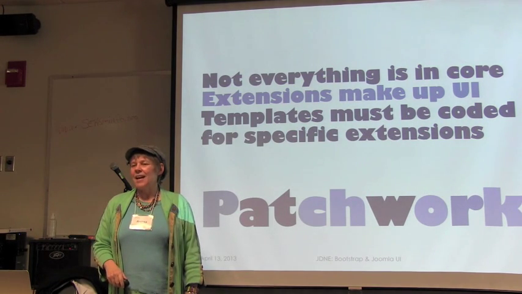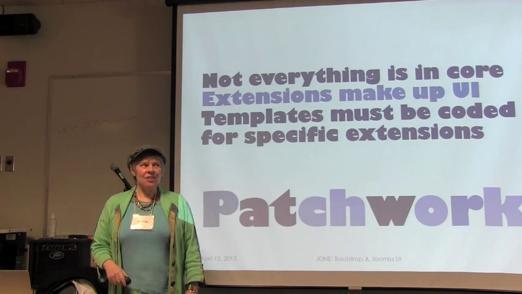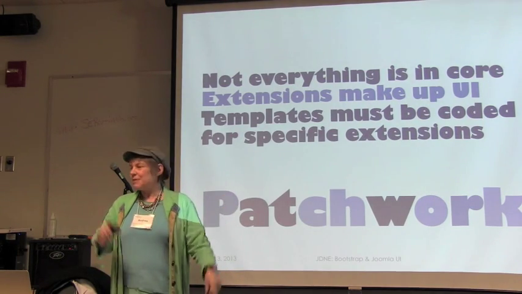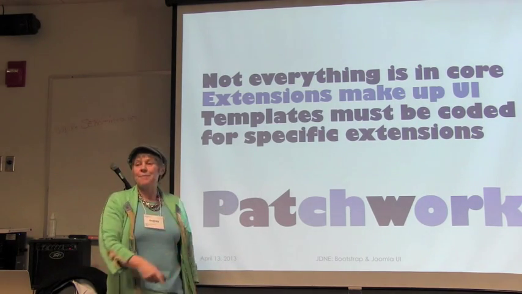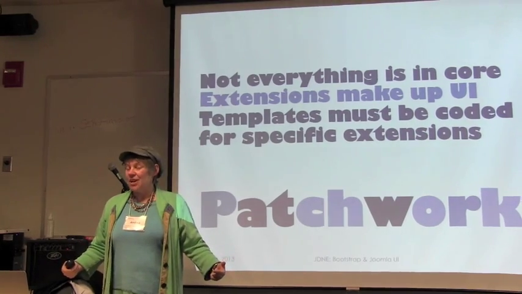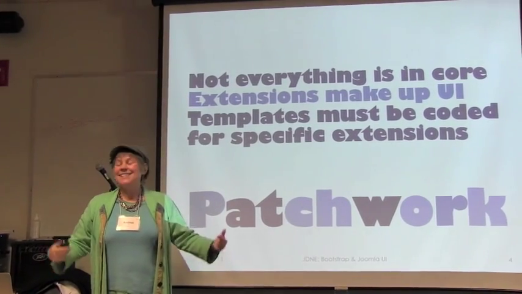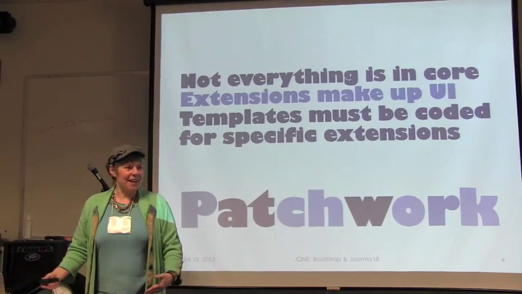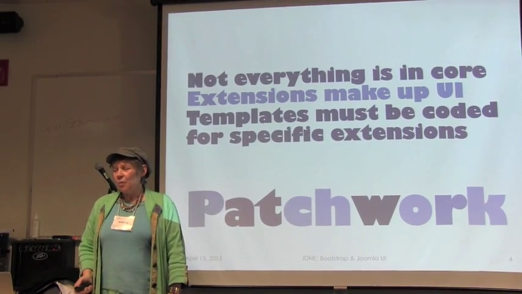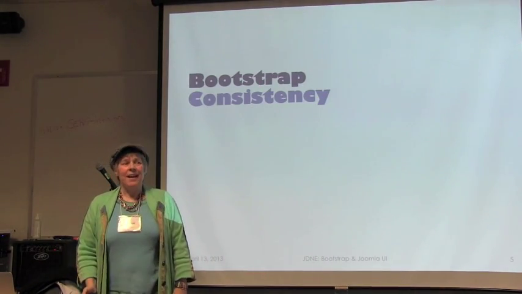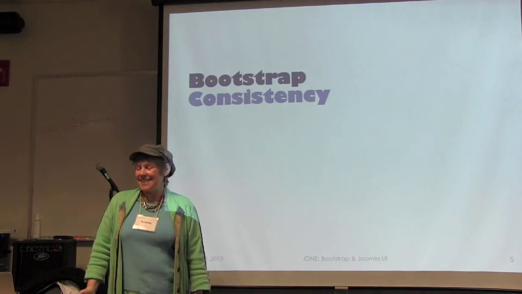You see a JomSocial site, and it looks like a JomSocial site, whether it's on your website or anyone else's. They all look like the same JomSocial website, but it doesn't look like the rest of your website. So what we wanted to do with Bootstrap is get some consistency.